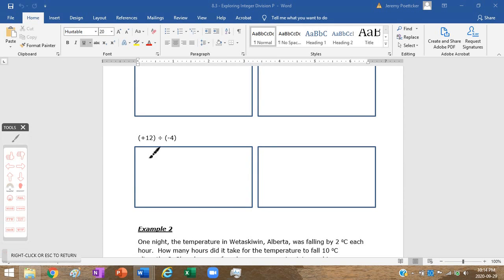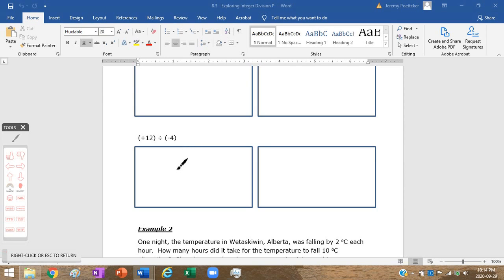So in this case here, we would need to use the 0 pairs if I'm going to say positive 12 divided by negative 4, because we're going to be taking away a few of the groups. I could model this. I am not going to model this one with the 0 pairs.